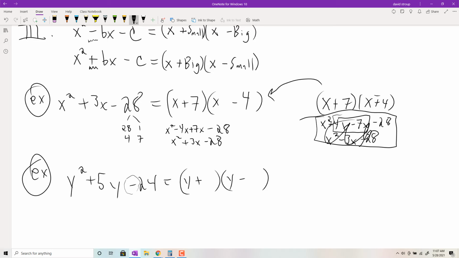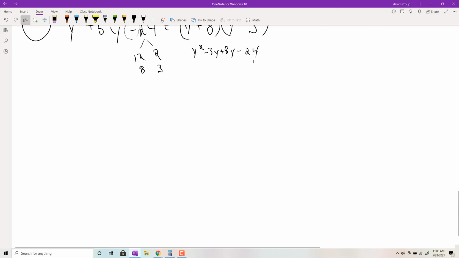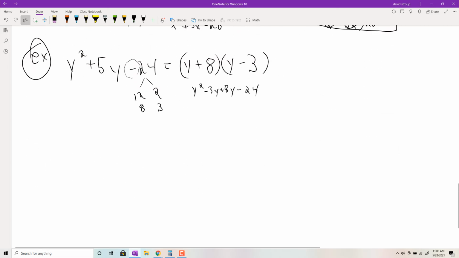Then you want two numbers that multiply to give 24 but subtract to give 5. 12 and 2, no, that's not going to work. 8 and 3, right? You subtract them, you get 5. We need the bigger one to be positive, and there we have it. Then FOIL it back out in your head: first, outer, inner, last. And it works.